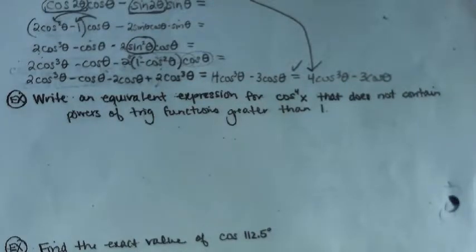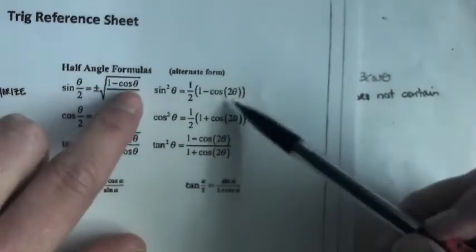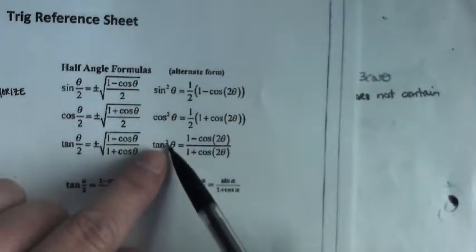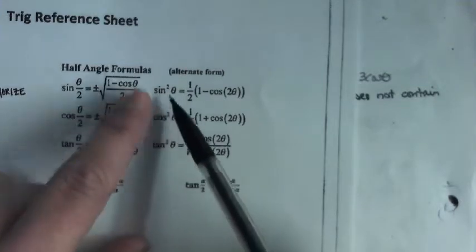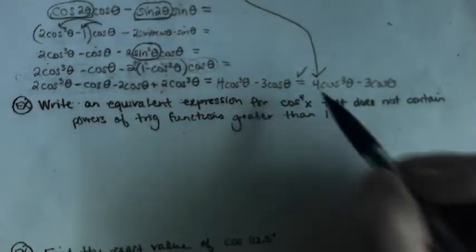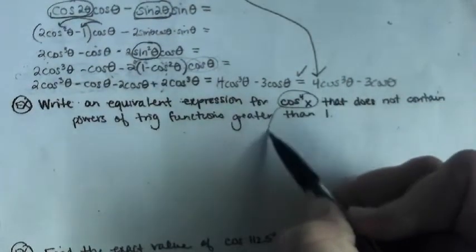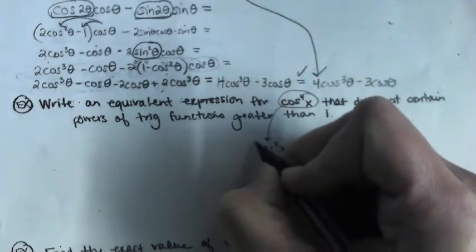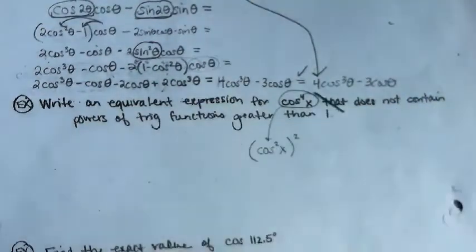So if you look at your power reducing formulas, these are used to get rid of squareds on tangents, squareds on cosines, squareds on sines. So they're used to get rid of squared. So the first thing I think I'll do is I'll rewrite this as cosine squared x, squared.